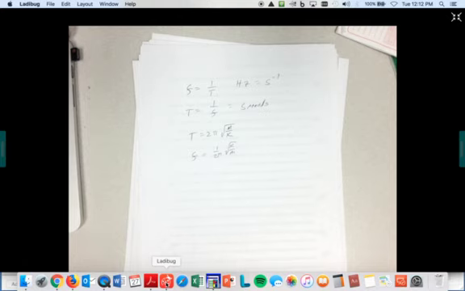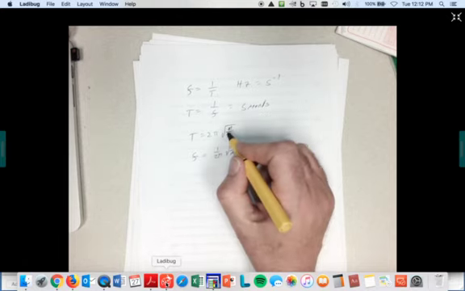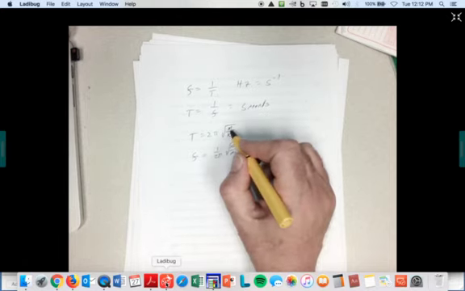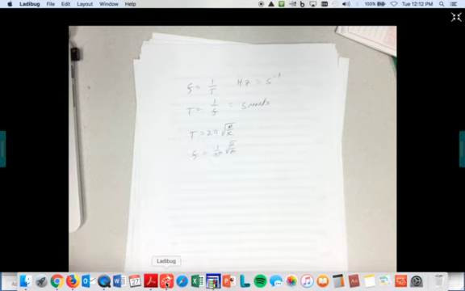Now then, what does that mean? That means if I put more mass on this spring, on this oscillator, if the mass is bigger, the period's going to get larger and the frequency is going to get smaller. Because if it takes longer to make a trip, then it's going to make fewer trips.